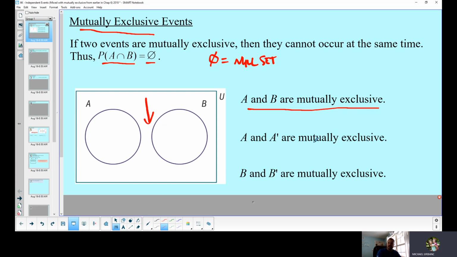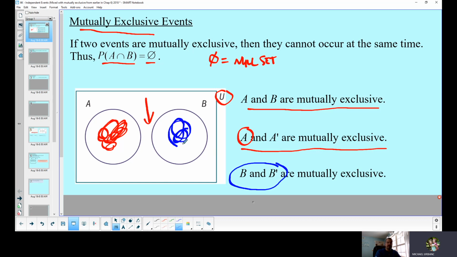And I think I introduced this to you guys before, where we talked about mutually exclusive being A and A complement, or A prime, where A is everything inside of this particular bubble, and then A complement is everything outside, but still within the universal set of all the possible outcomes. Same thing with B and B complement, or B prime. B is everything in here, and then B complement is everything on the outside. So B and B complement are mutually exclusive, and A and A complement are mutually exclusive.